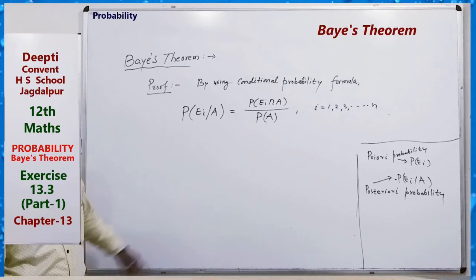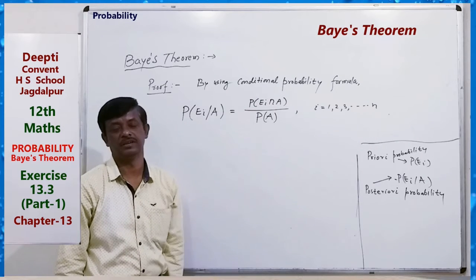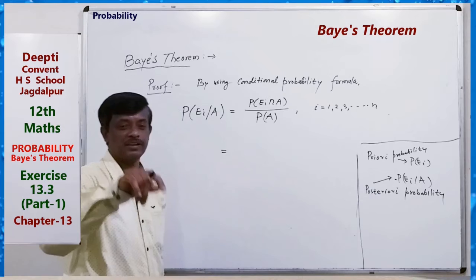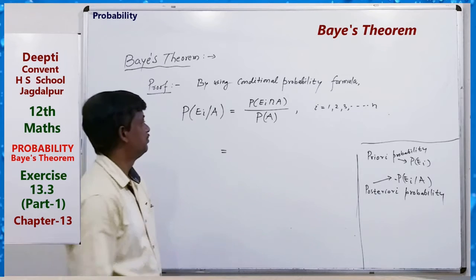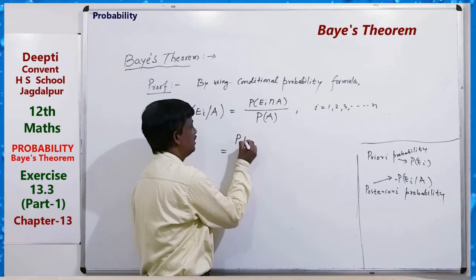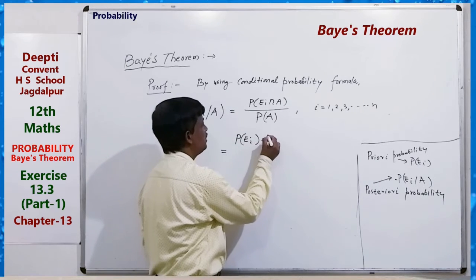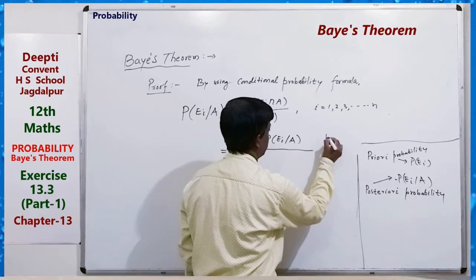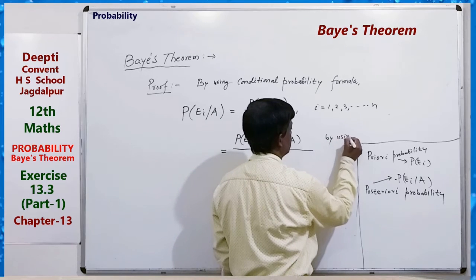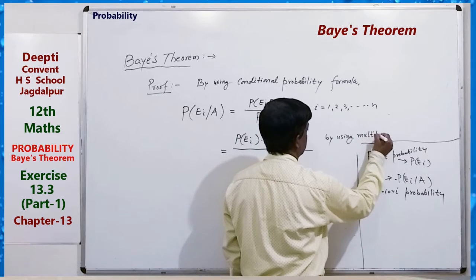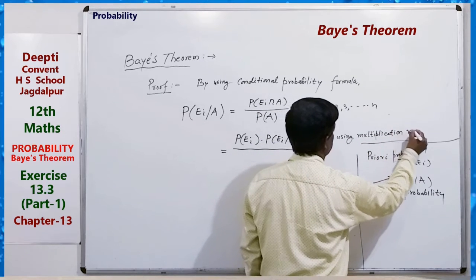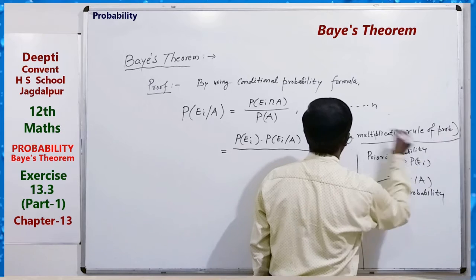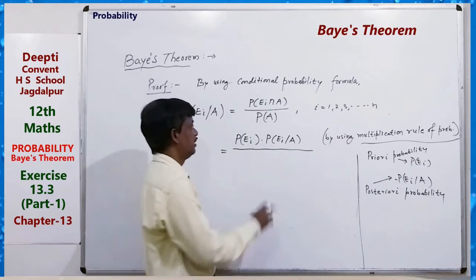And again use the multiplication rule: P(Ei intersection A) equals P(Ei) into P(A by Ei), using the multiplication rule of probability. And here P(A).